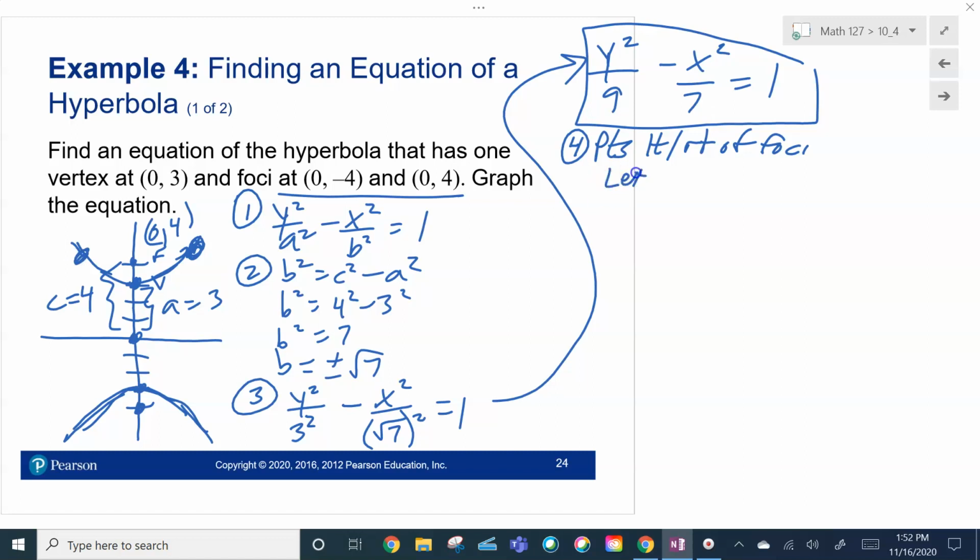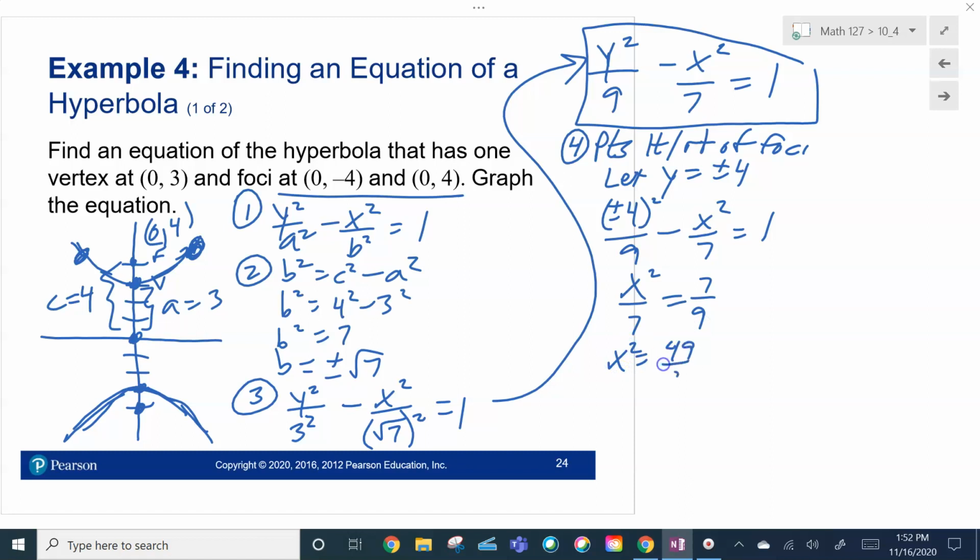So let y be plus or minus 4 in our equation: plus or minus 4 squared over 9 minus x squared over 7 equals 1. And that ends up being, let's see, x squared over 7 equals 7/9. X squared equals 49/9. X equals plus or minus 7/3.